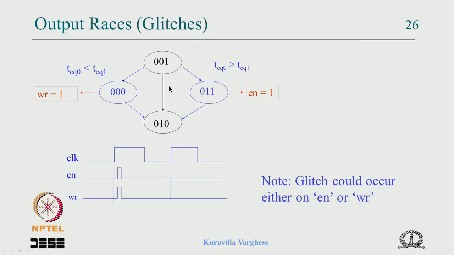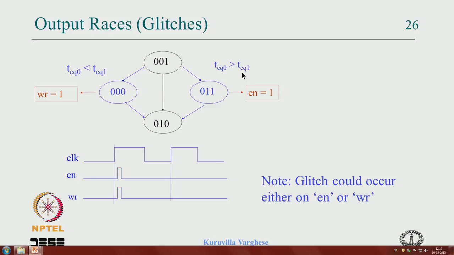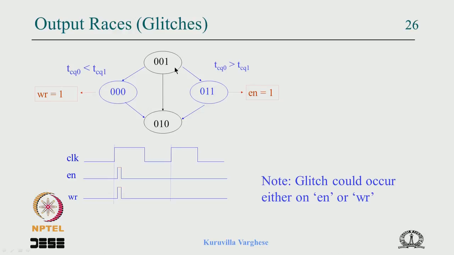What caused the problem is, we can say, that there is a discrepancy among the delays in the flip-flops. There is a variation in the propagation delay. Now this is not in our control.